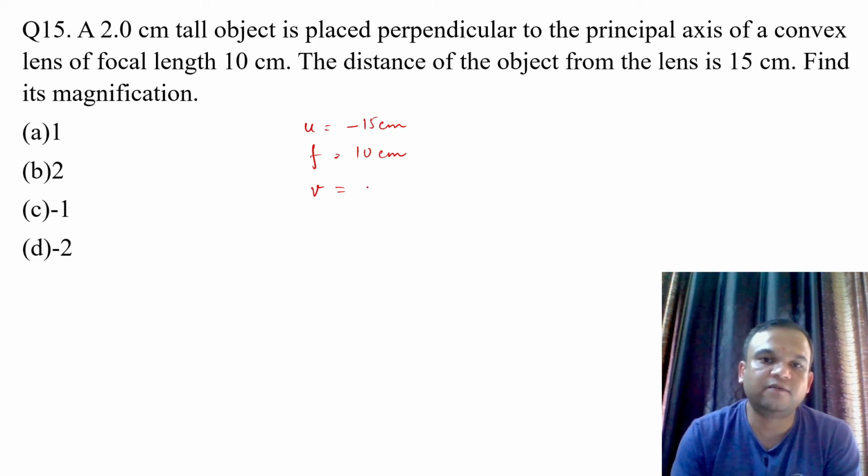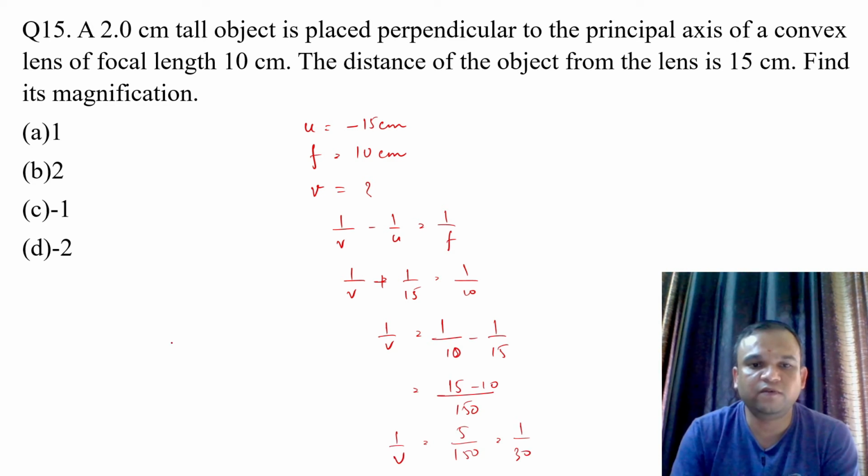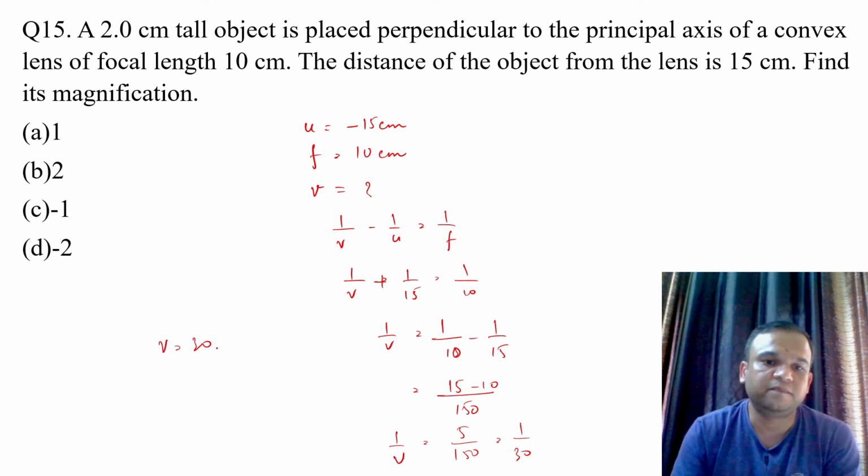The image distance we have to find out. So if we put in the lens formula, 1 upon v minus 1 upon u equals 1 upon f, we get 1 upon v is equal to 1 upon 10 minus 1 upon 15, and so v is 30 centimeter.